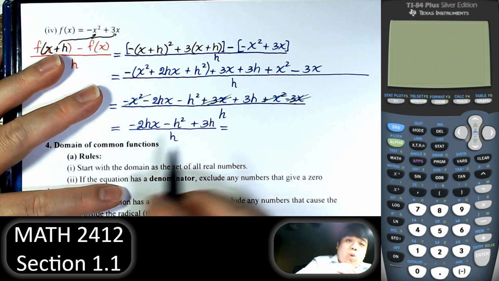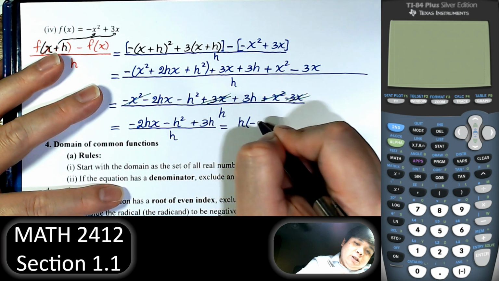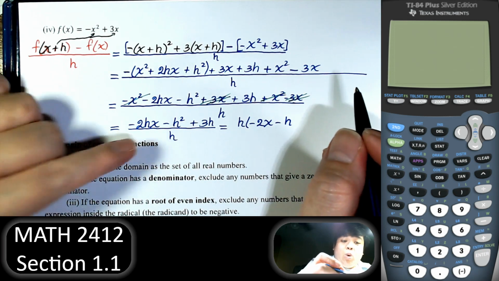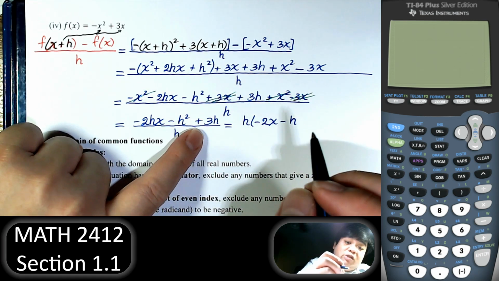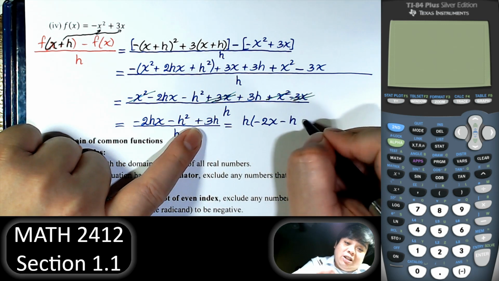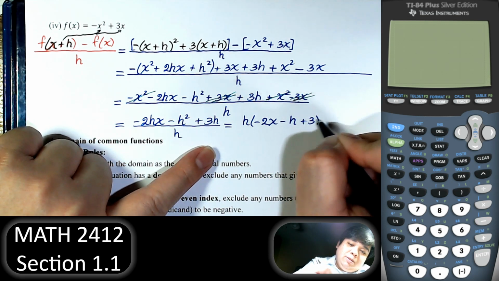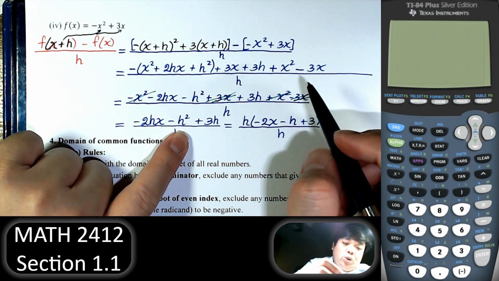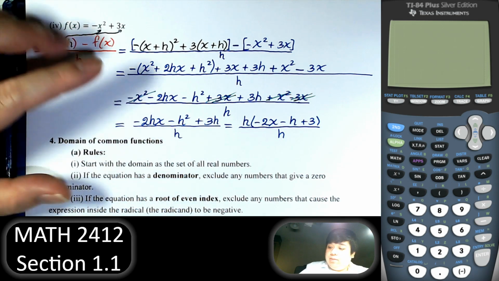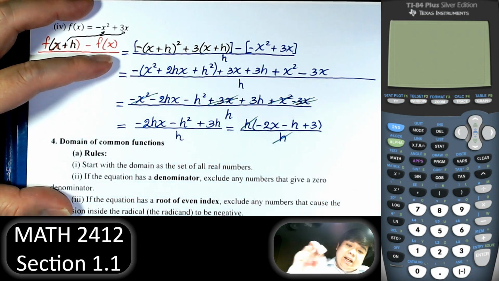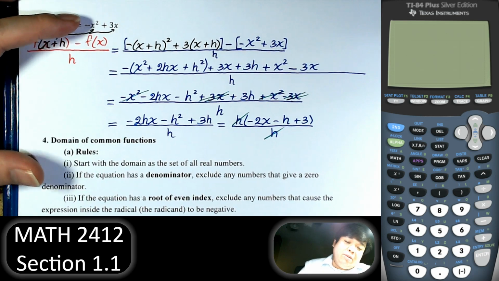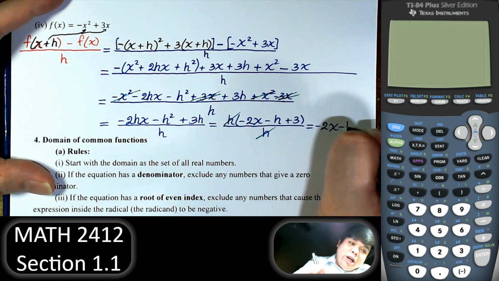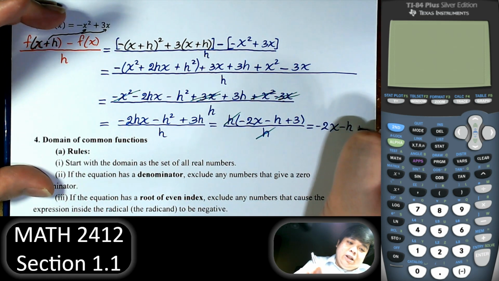All of them have h, so why don't we factor it out? Negative 2x, negative h. We only factor out the h, we do not factor out the negative, even though we still can, but I don't want to do that. So negative 2x, negative h, plus 3. Cancel the h at the bottom, the usual step, and we end up with negative 2x minus h plus 3.